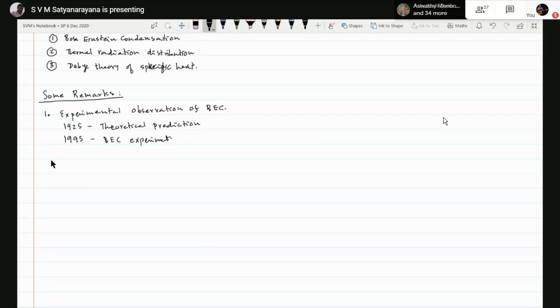So there is a gap of 70 years, and that is because the transition temperature T_C is of the order of a few nanokelvins, that is, of the order of 10 to the power minus 9 kelvins.